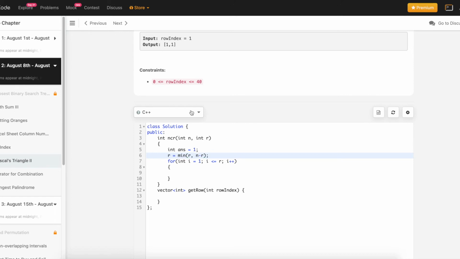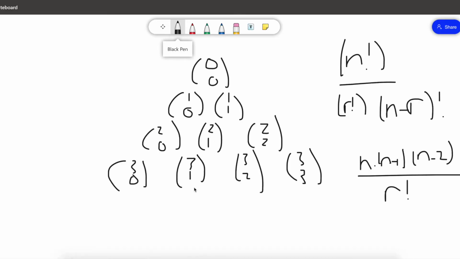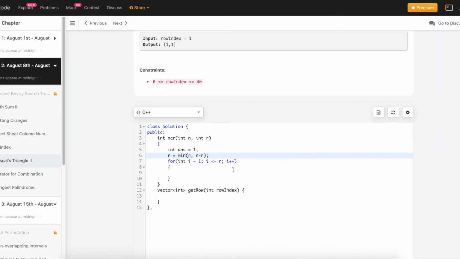Another thing about n choose r is that it's kind of a cycle, where 3 choose 1 is the same as 3 choose 2, and 2 choose 0 is the same as 2 choose 2. You can see this in the formula: 3 choose 1 has 1 factorial and 2 factorial, and 3 choose 2 has 2 factorial and 1 factorial. So it will repeat.